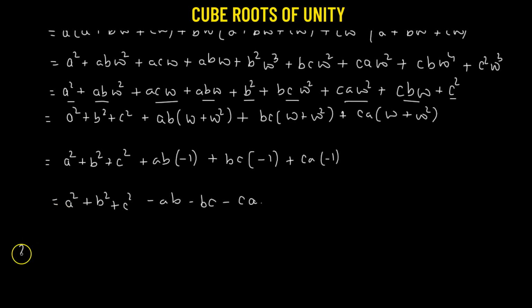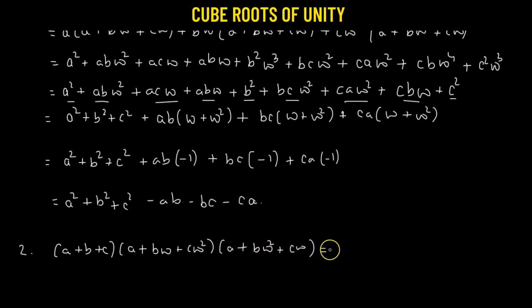So R2 is a plus b plus c multiplied by a plus b omega plus c omega squared multiplied by a plus b omega squared plus c omega. And this will also equal a plus b plus c.